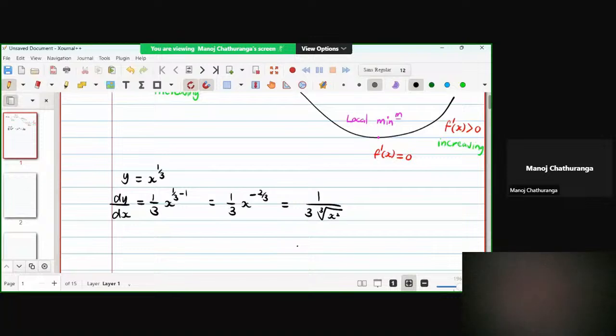This term over here is well defined as a function everywhere except 0. So this formula is not valid for x equals 0. And you can see it from the graph as well.